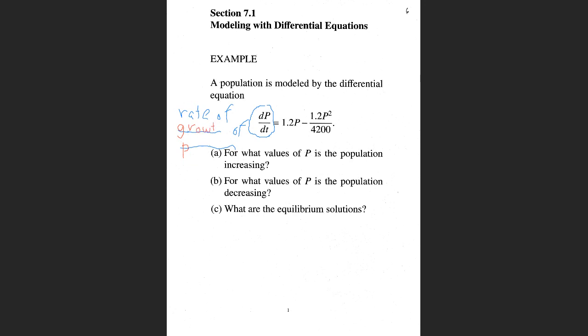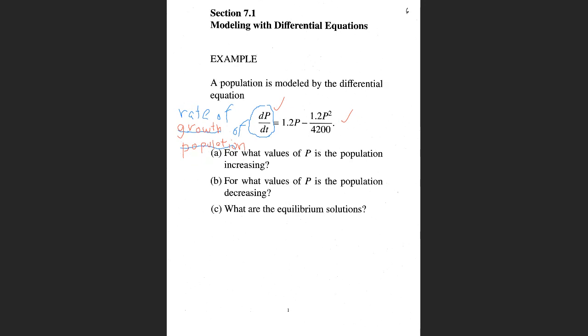Growth of population. And that's right. Was that Samuel who said that? Good. Rate of growth of the population. That's what this stands for. And they're saying that the rate of growth equals 1.2p minus 1.2p squared over 4,200.